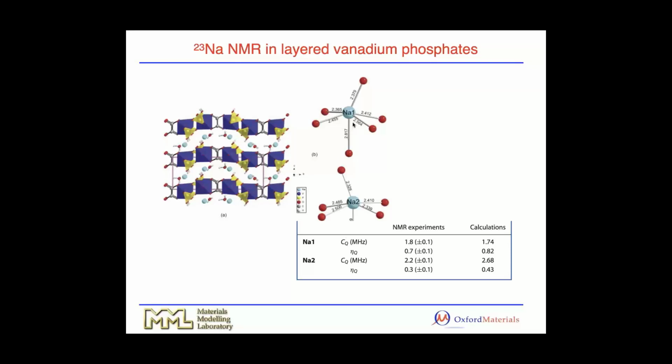There are 2 sodium sites here, and the calculations do a good job at predicting both the CQ and the eta Q, the asymmetry. The agreement is somewhat better for the first sodium site compared to the second, but it's still possible here to assign each of the 2 sites. So that's an example of looking at a paramagnetic material.